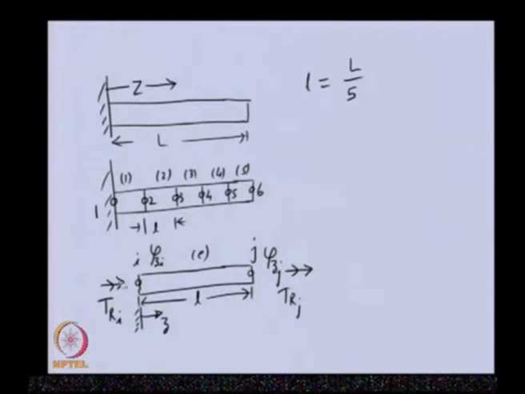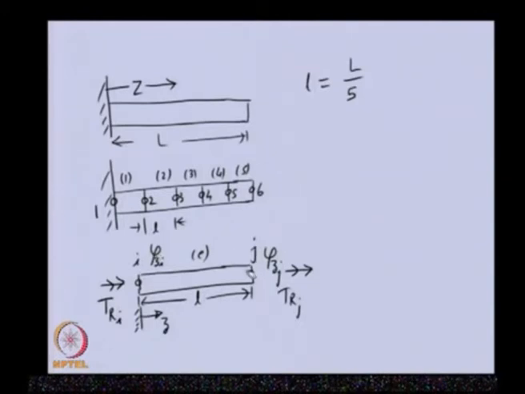So, this is an element of the shaft system for torsional vibration, and you can see that at each node one field variable, that is the angular displacement, is there. So, this particular node is defined by a single field variable for this particular problem.